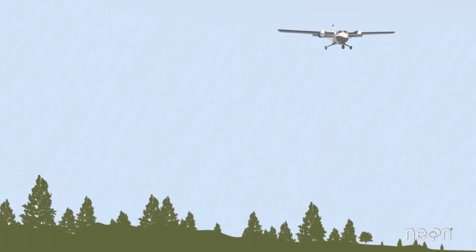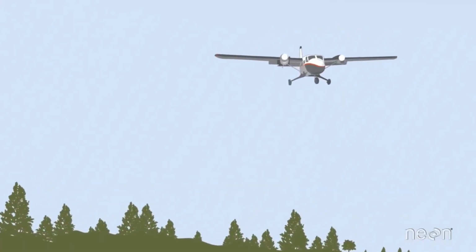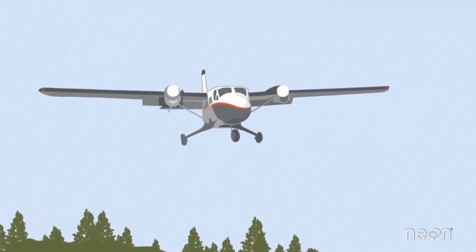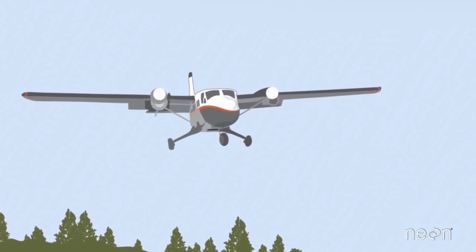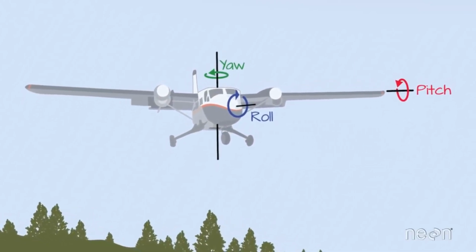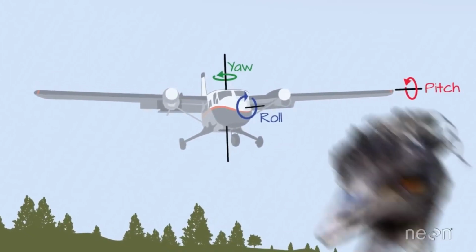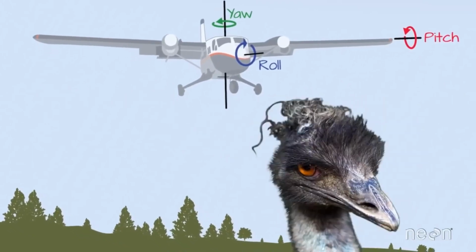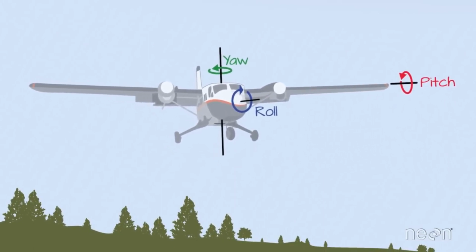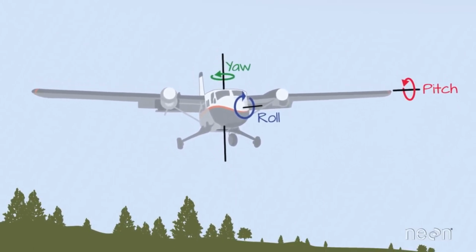So now we've got the basics down, but there are two more things that a LiDAR system has to consider when calculating height. First, the plane rocks a bit in the sky as it flies due to turbulence in the air. These movements are recorded by the Inertial Measurement Unit, or IMU. No, not EMU, IMU. So that they can be accounted for when height values are calculated for each LiDAR return.